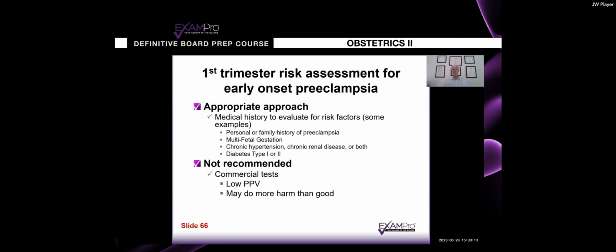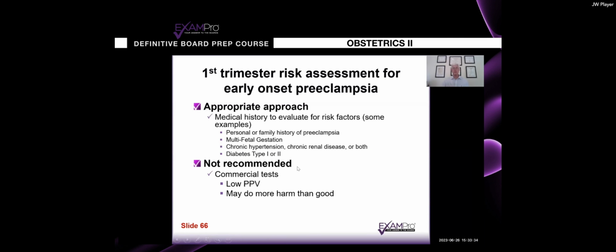Accelerations do not matter, but what we're looking for is a pattern of late or variable decelerations. Early decelerations don't matter, but we're looking for late or variables. So baseline can be anything. Variability, either absent or sinusoidal, and we're looking for recurrent or patterned late or variable decelerations.